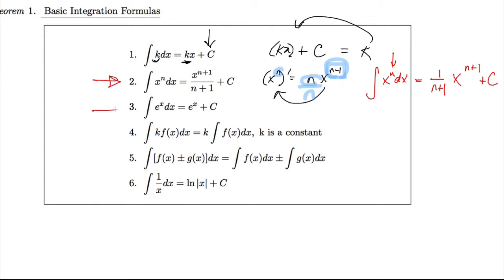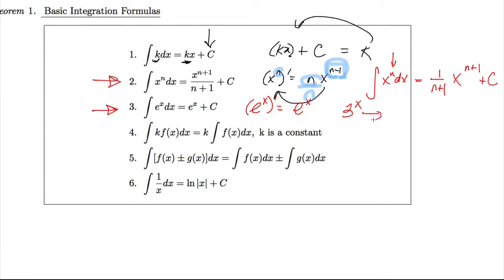This one: did you learn that if you differentiate e to the power of x, it stays the same? No? Okay, so now you know. The derivative of e to the power of x is e to the power of x. You know what 3 to the power of x is; it's an exponential function.